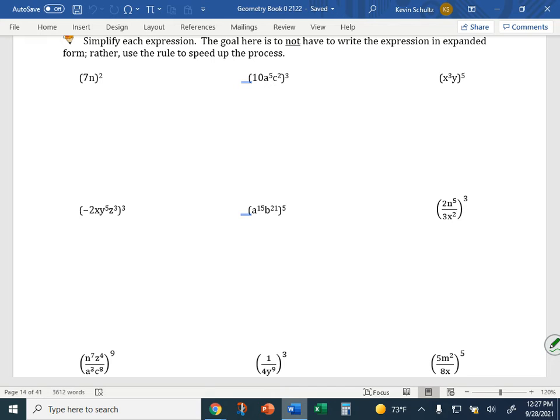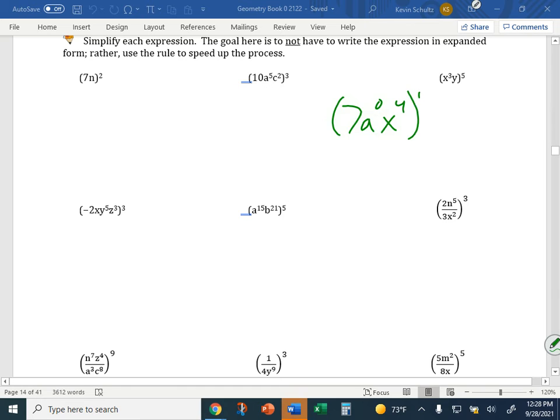If a is to the 0th power, would it just cancel out? Yeah. If you're distributing into something with a 0 power, say you have 7, a to the 0, x to the 4th, all to the 12th power.